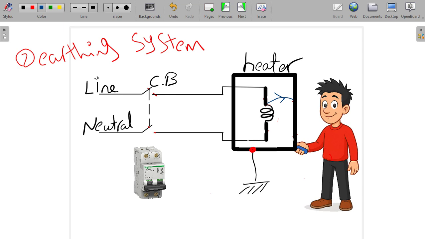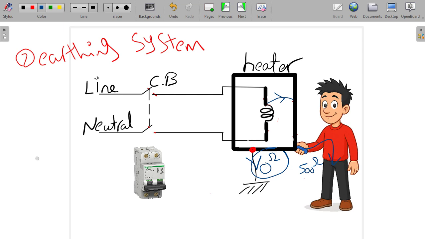The first path is your body, and the second path is going to the earthing system. Here, this is considered as 0 ohm, and your body is 500 ohm. Now the current, according to the current divider rule, will choose the easy path, the 0 ohm path.